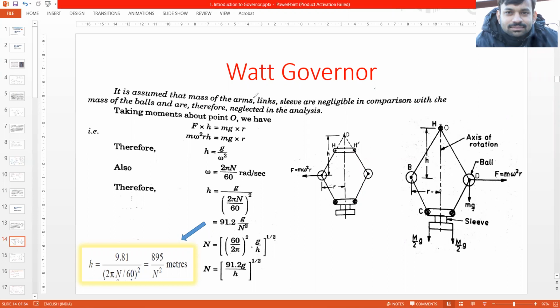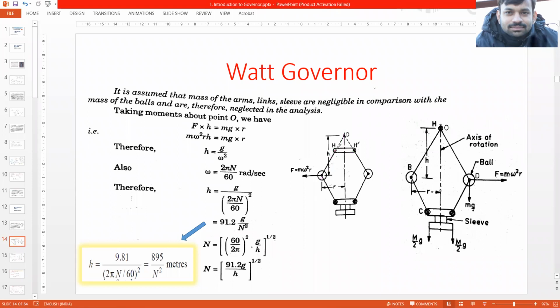Again, this is a similar diagram. For practical purposes, this arm is not exactly attached to the spindle, because then how would it rotate? So there is another arrangement mounted on the sleeve, and these arms are attached to that arrangement.